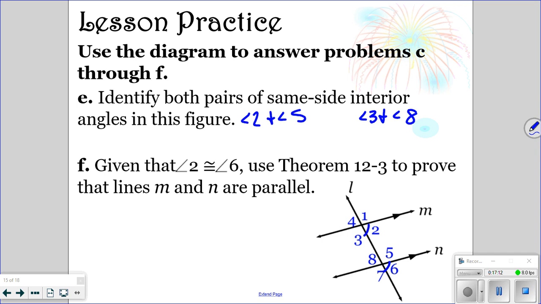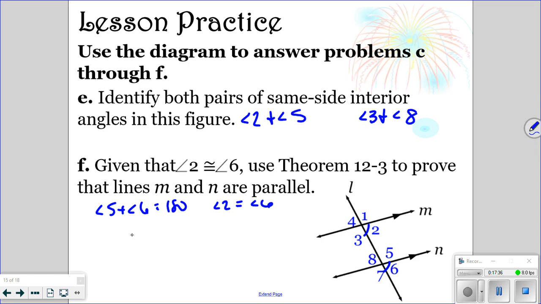So angle 5 and angle 6 are a linear pair, so they are supplementary. They equal 180 degrees. And then angle 2 is congruent to angle 6. So using substitution, we had angle 5 plus angle 6 equaled 180, and angle 2 equaled angle 6.